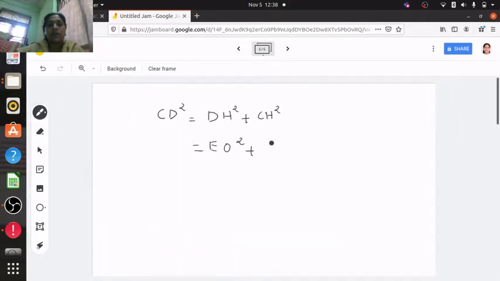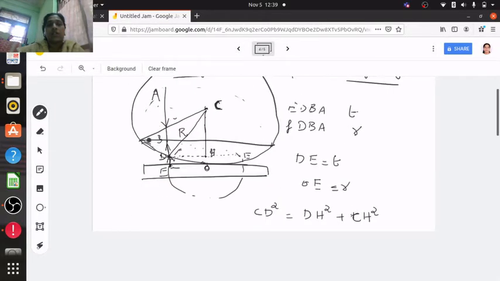So in this equation, CO minus OH, the whole square. Here CD is nothing but the radius of curvature of the lens.